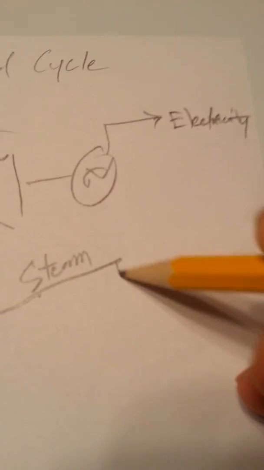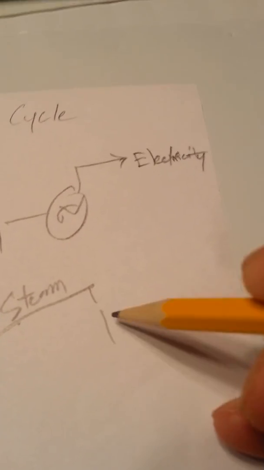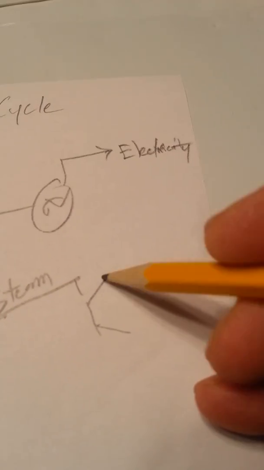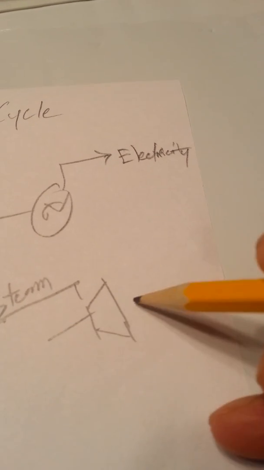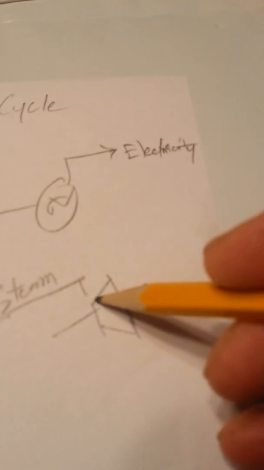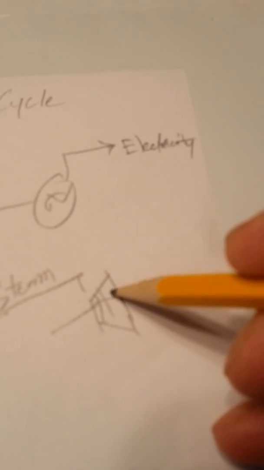And the steam is brought to the steam turbine and expands in the steam turbine, which makes the steam turbine shaft spin. And the steam turbine shaft connects to the other generator, making other electricity.